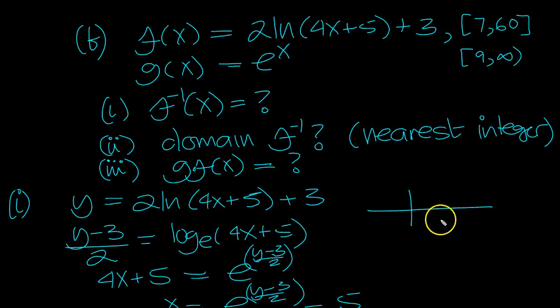If we think about that, it's going to be a log function, with the asymptote at x equals minus 5 over 4.